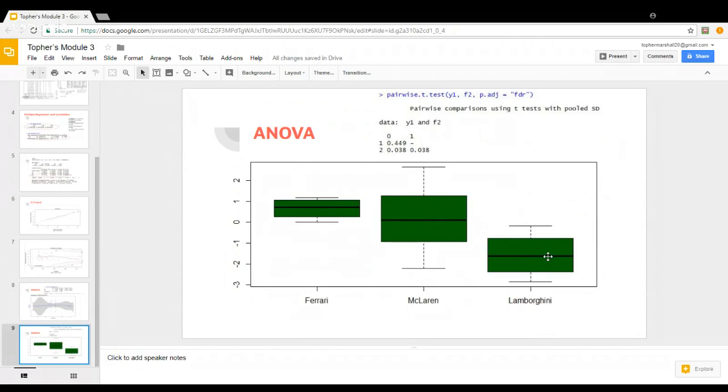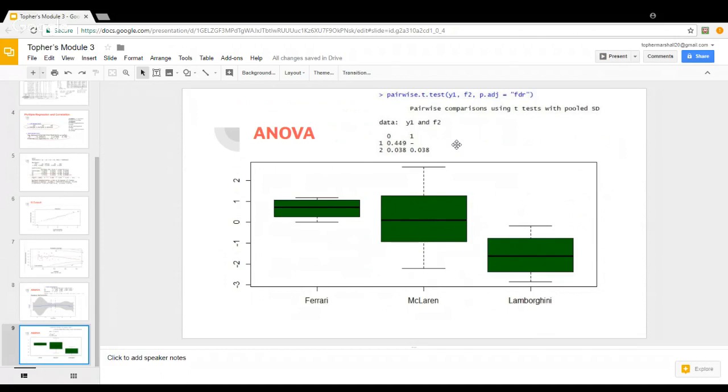However, as for Lamborghini over here, you can expect slow times around the track from this car company, which seems to aim for the form over function motto. And then I went ahead and ran post hoc pairwise t-tests using the FDR adjustment.